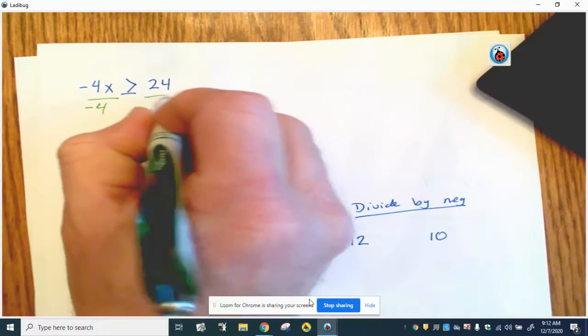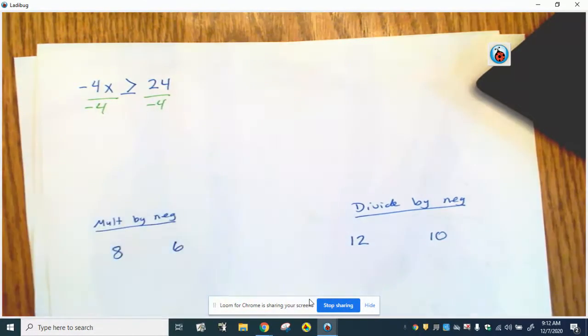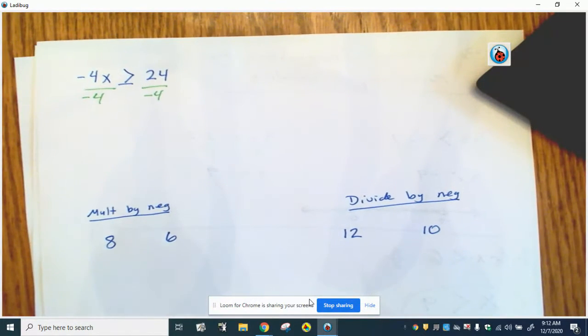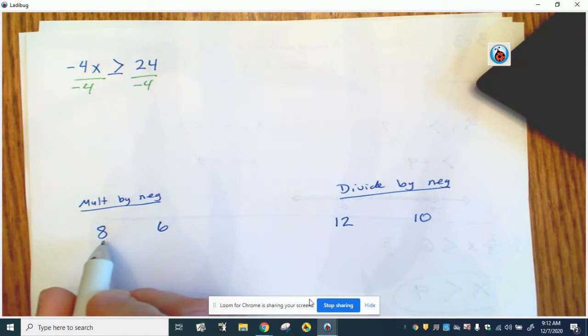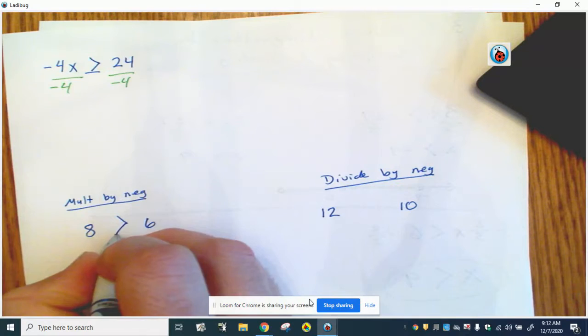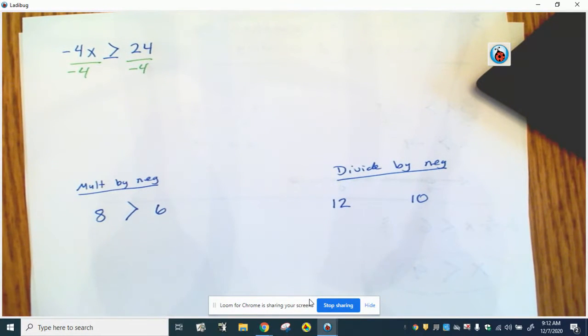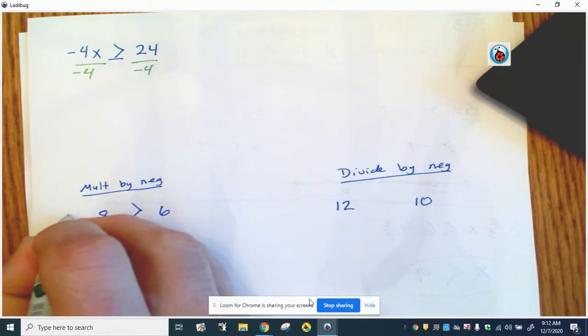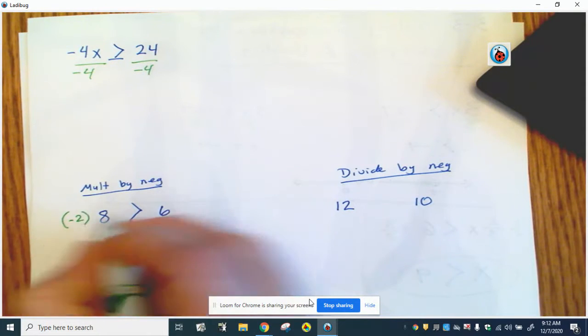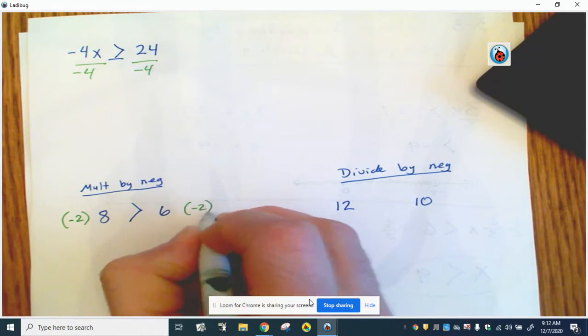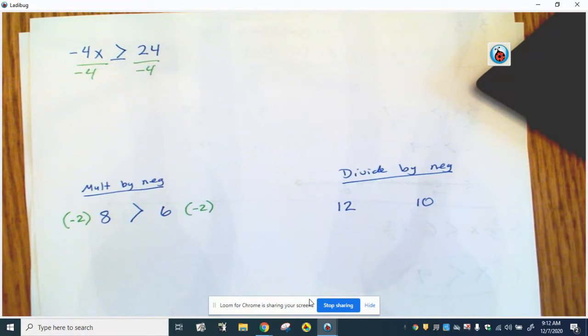Okay? This is going to be the biggest difference. And the reason is this. We would all agree that 8 is bigger than 6, right? But if I multiply both sides by a negative number, okay, let's just take negative 2 for example.